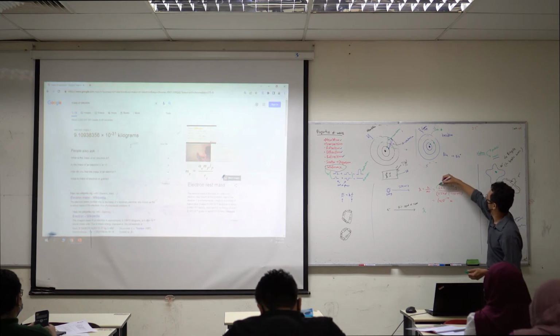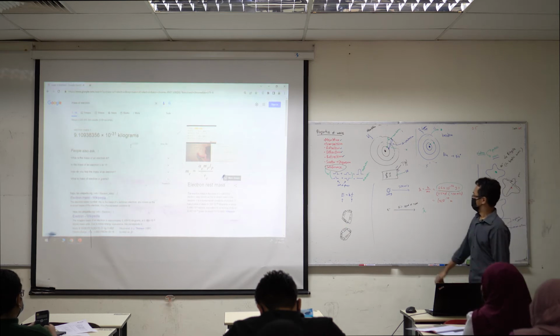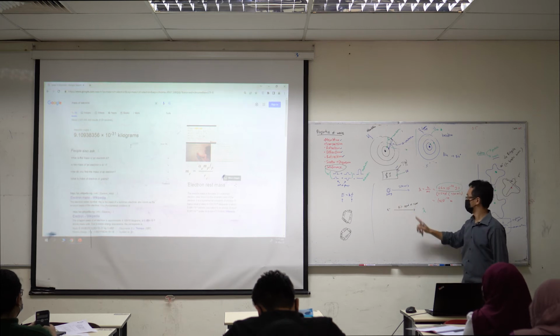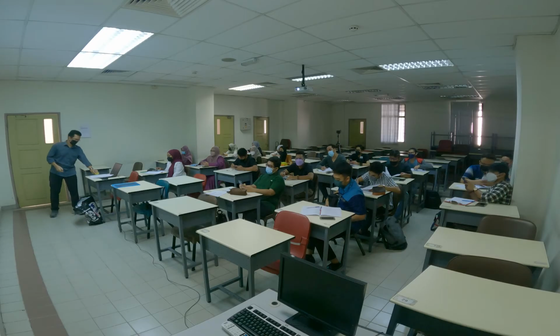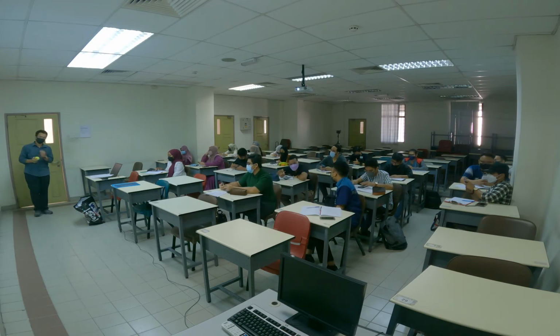This is the Planck constant, 6.6 times 10 to the power of negative 34. The electron moves at 2% of the speed of light. What is the wavelength? Because we want to see what is the wavelength of the electron so that it can be used to look at the small object.